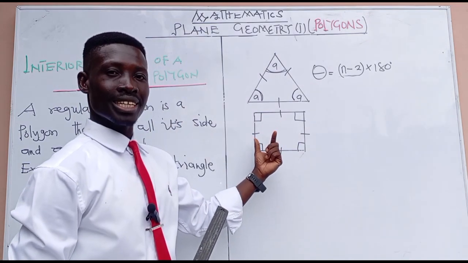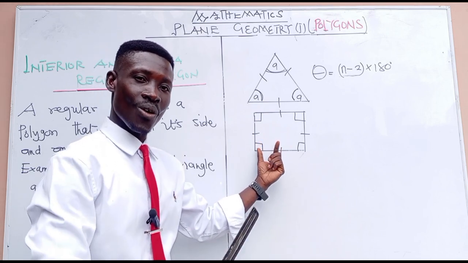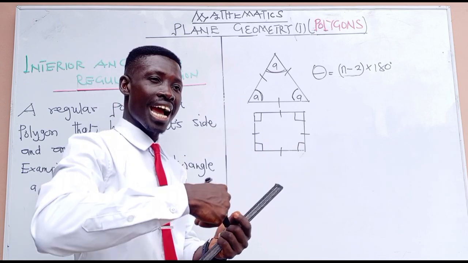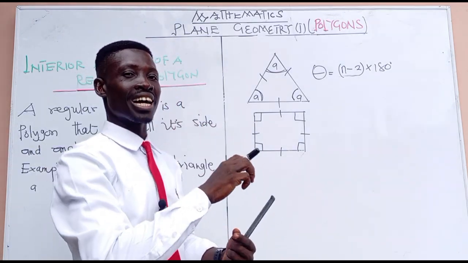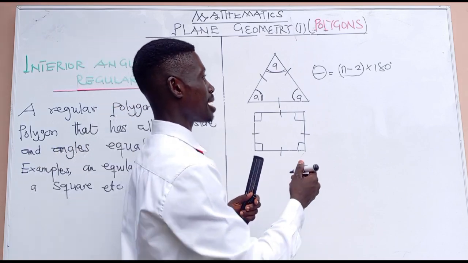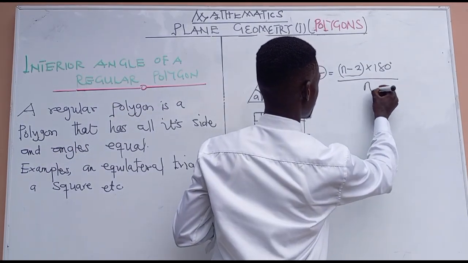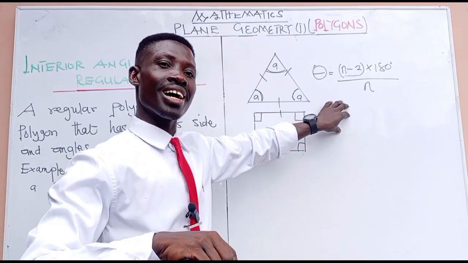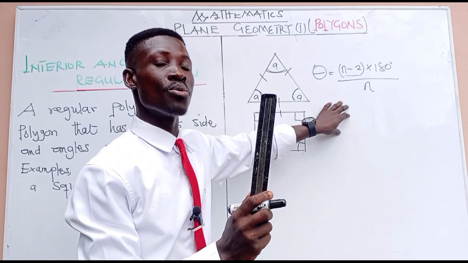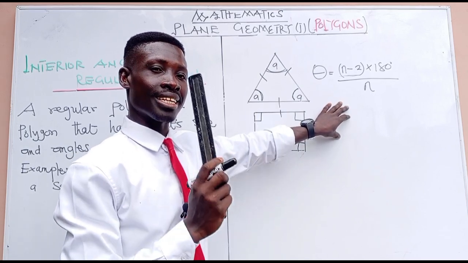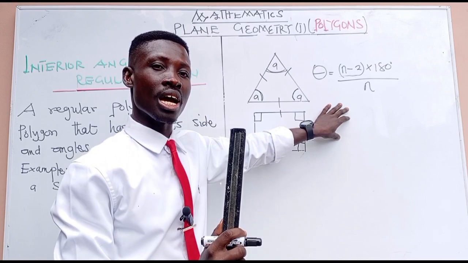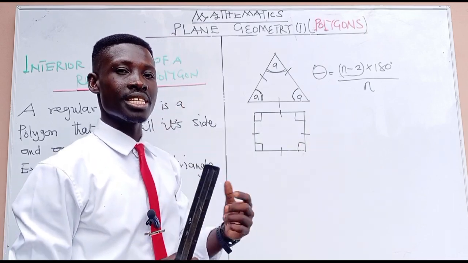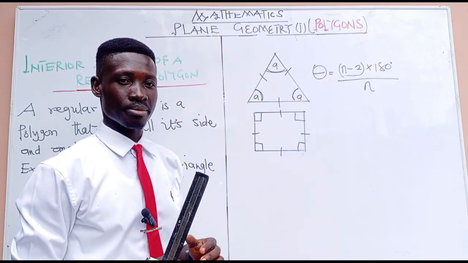Now, if the polygon is regular and all the sides are equal and all the angles are equal, to find each or one of the interior angles of the polygon, we divide it by the number of sides of the polygon. So this is what we are going to use to find the interior angle of a regular polygon. The key word is a regular polygon. Is that clear? Good. So we take examples and then see how best we can apply this.